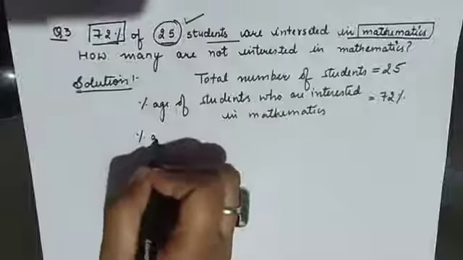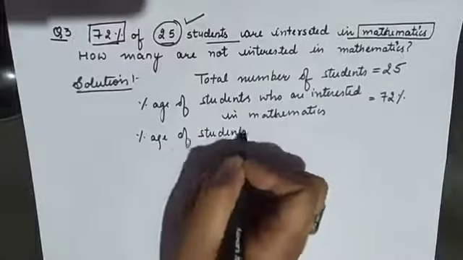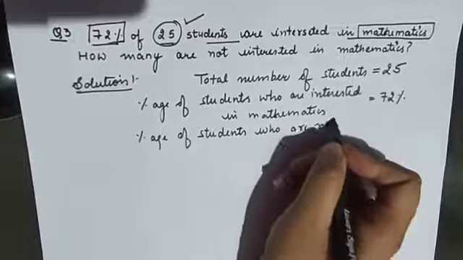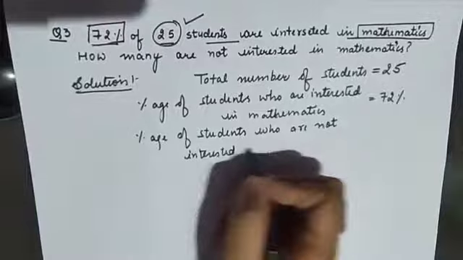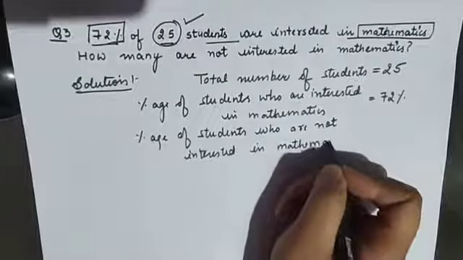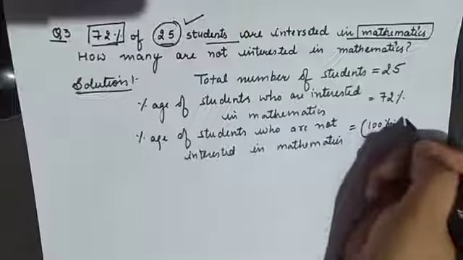Now the percentage of students who are not interested in mathematics is equal to 100% minus 72%.